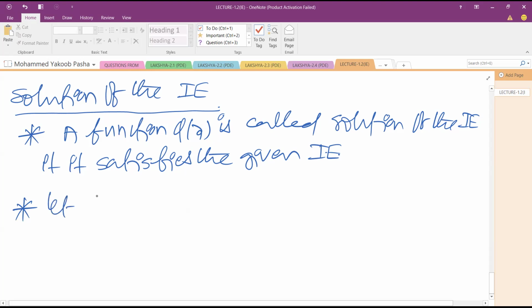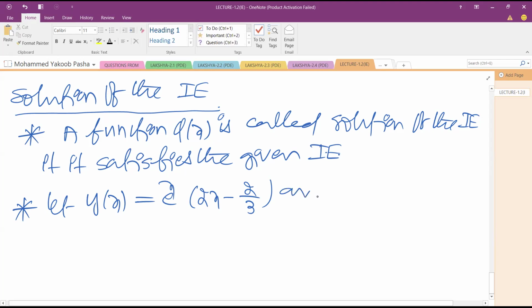Let us take one example here. I am taking a function y of x is equal to e to the power of x into 2x minus 2 by 3, and consider a Fredholm integral equation.